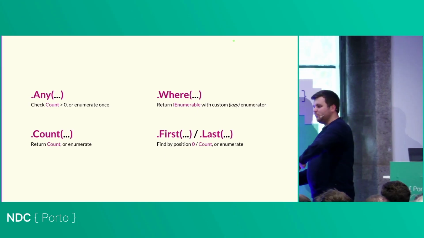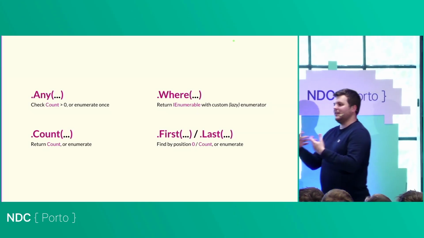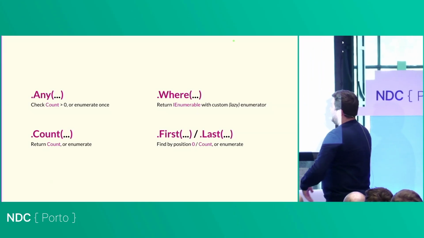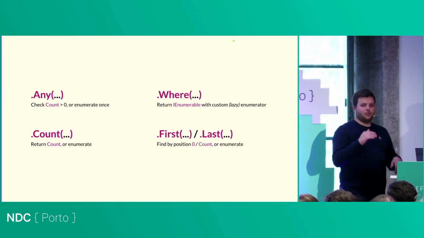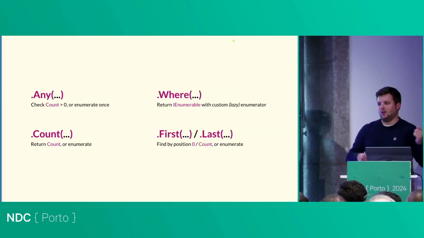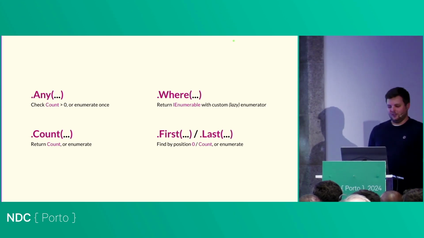So every time it enumerates, it first checks that condition, and if that is true, it will return it, otherwise it will continue. First and Last work in a very similar way. They're doing that Where under the hood, but they're just going to return the first one, or they're going to go in reverse along the collection as well.